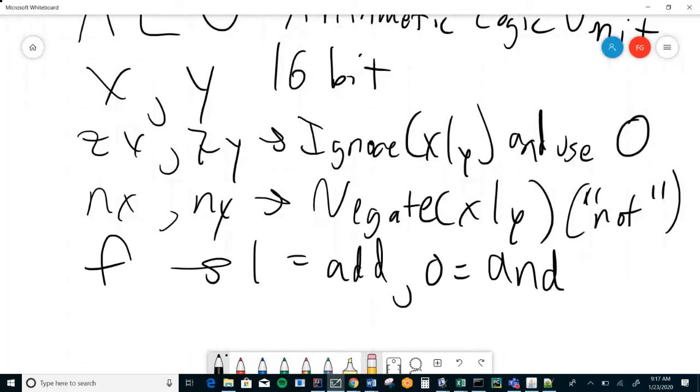We can either be adding x and y, or we can be anding x and y. At its core, all the ALU ever does is to add two things or and two things.